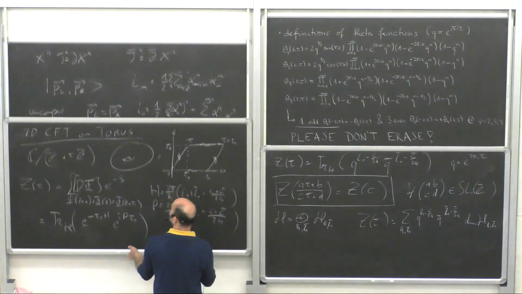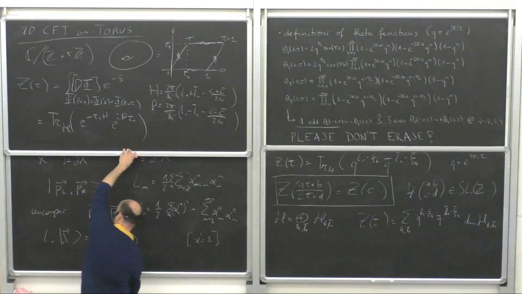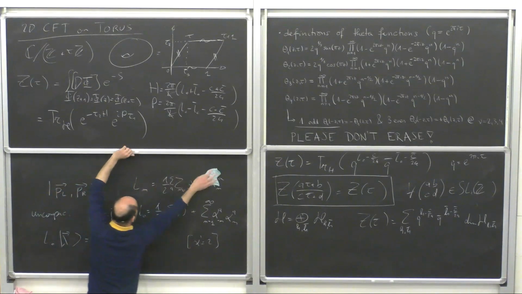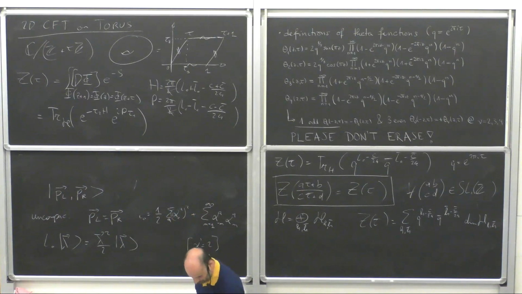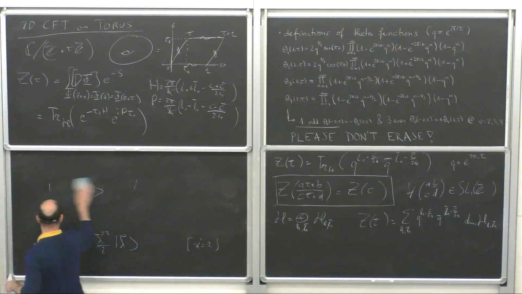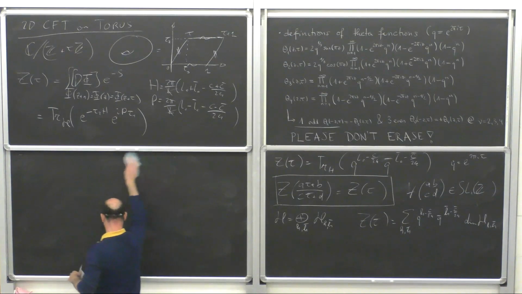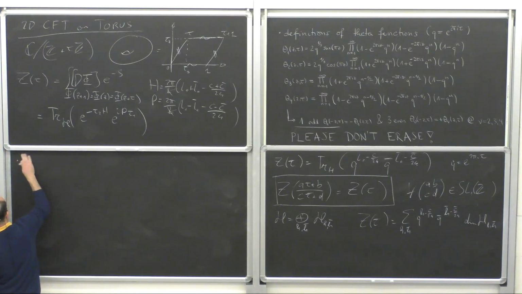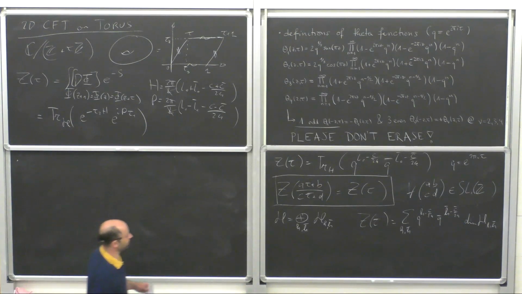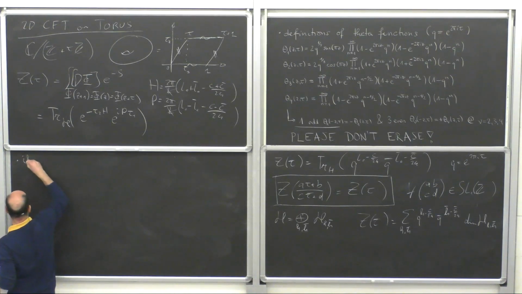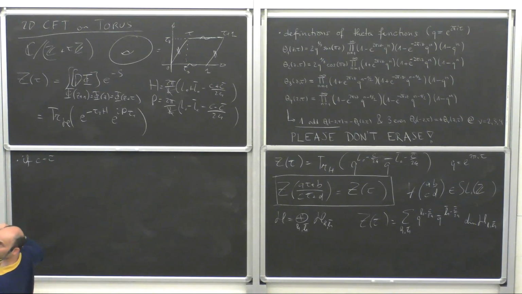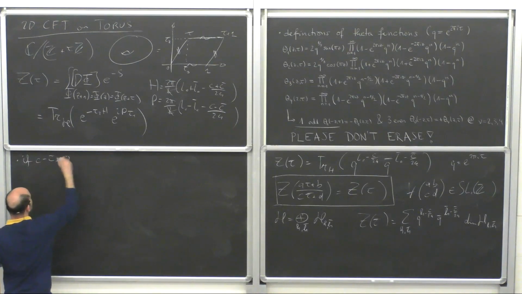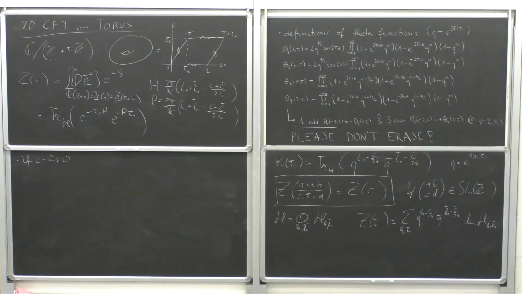Now, some remarks about this modularity. First remark: if c minus c bar is different from 0, this is a kind of anomaly, and in this case you might want to allow for some phase to appear here.